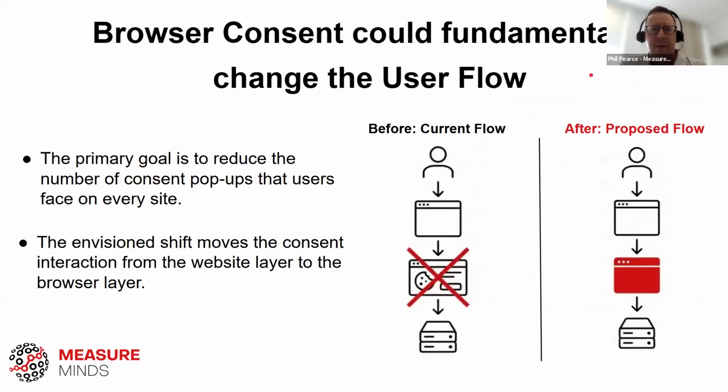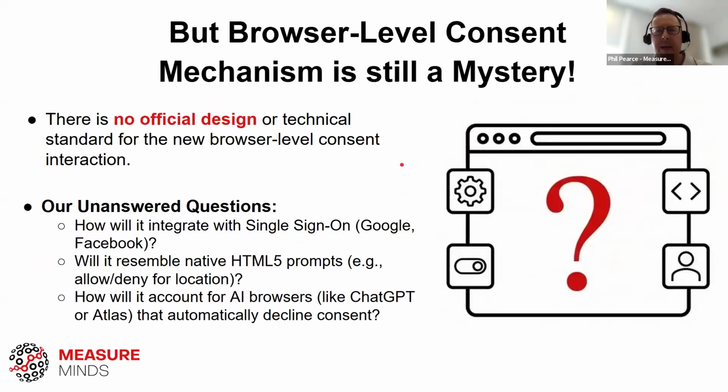The browser consent could fundamentally change user flows. It's going to introduce a mechanism in the middle, again reducing cookie fatigue and banner blindness. But it's not clear how that's going to look, how many options there are going to be on it, and we don't yet have anything visual to see from it.